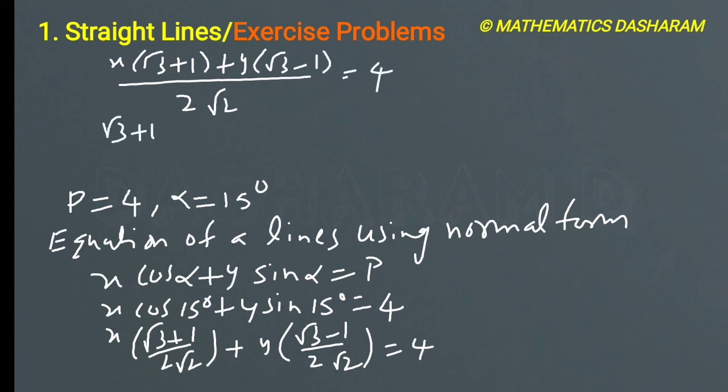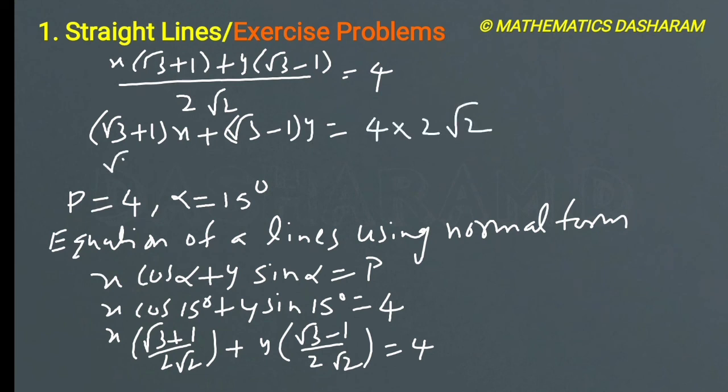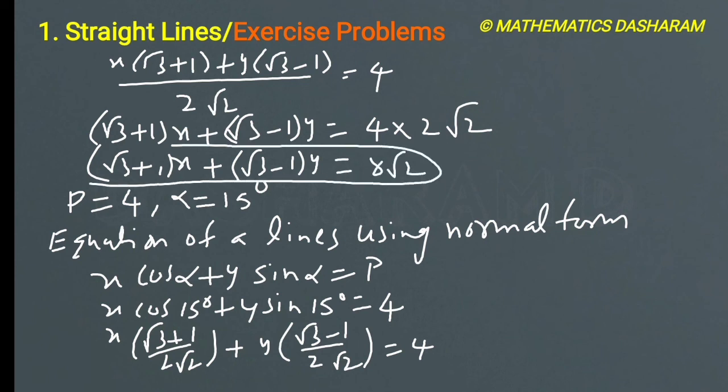So root 3 plus 1 into x plus root 3 minus 1 into y equals 4 2s are 8 root 2. So this is our required answer.